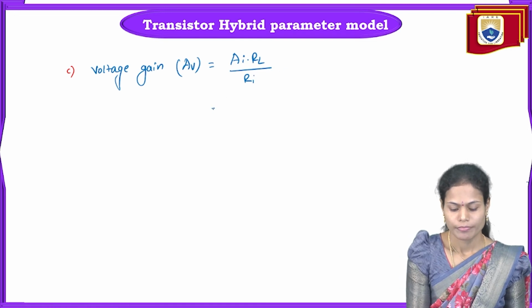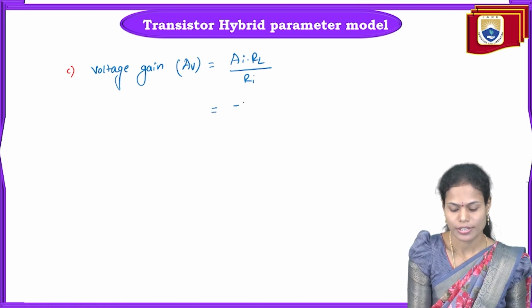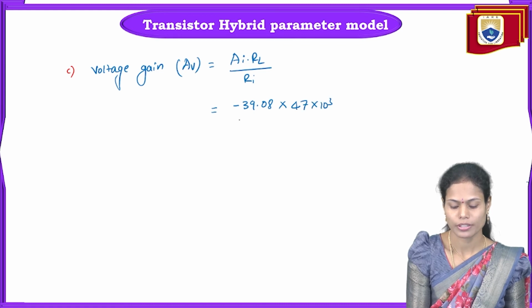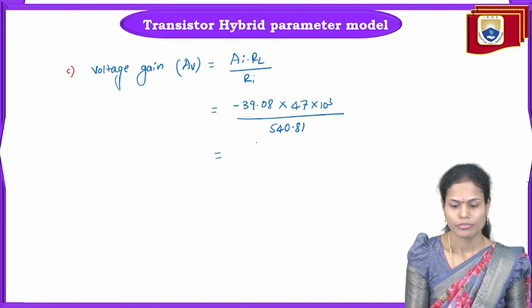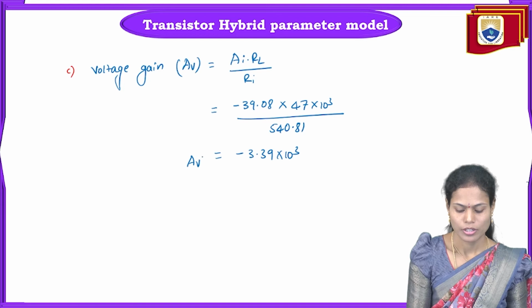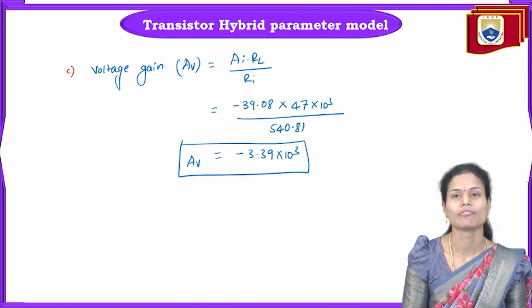So in this case we can substitute here minus 39.08, that is the Ai value, and the load resistance is 47 into 10 power 3, and the input impedance is 540.81. So after simplification it is minus 3.39 into 10 power 3. That is the voltage gain.